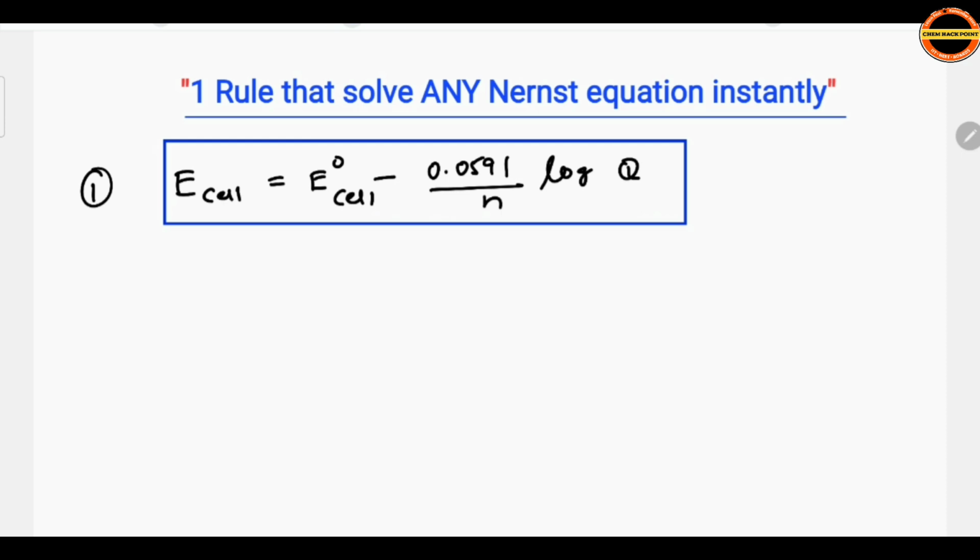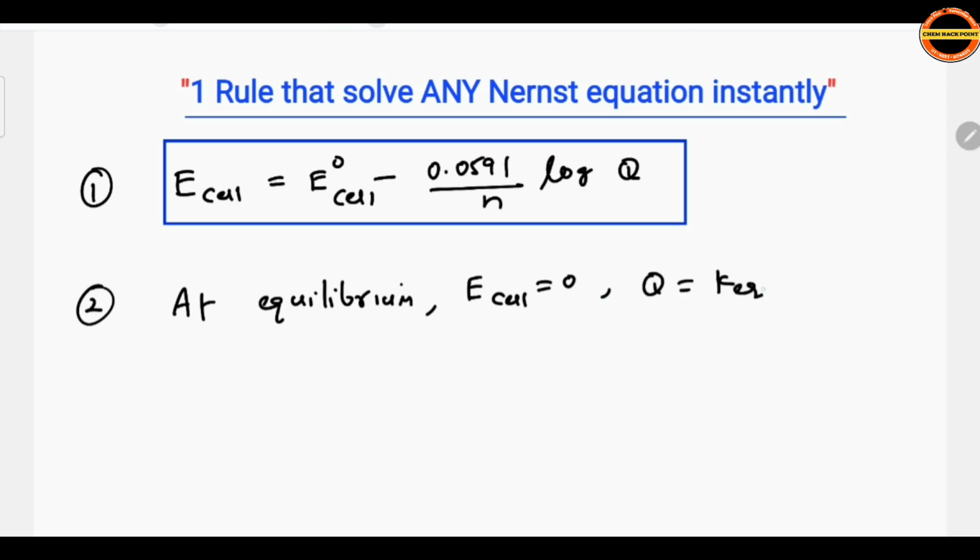This you already know. Now, if we further modify the Nernst equation, if they specify at equilibrium, think that if the cell is at equilibrium, the cell cannot produce any more current. So then we take E cell is equal to 0. And then at this condition, the reaction quotient becomes the equilibrium constant.